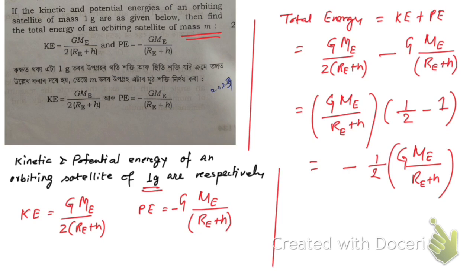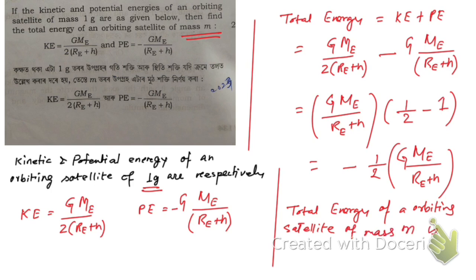Okay, so here you see, let me write here, total energy of an orbiting satellite of mass m, that will be given by, let me write this one in black ink.